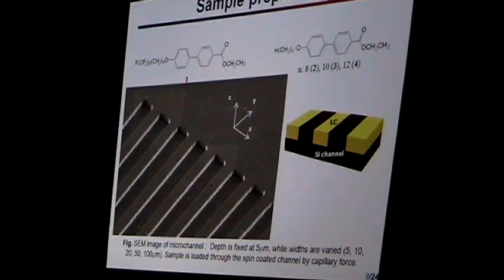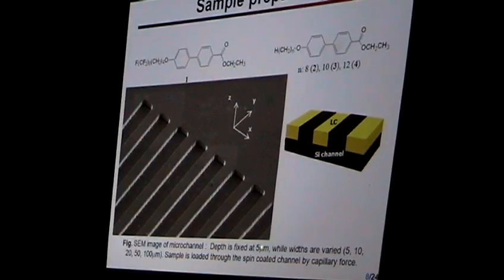And we thought about the control of these TFCDs now. One of the methods is using confined geometries. Here, I use silicon microchannels, and the sample is filled this way.